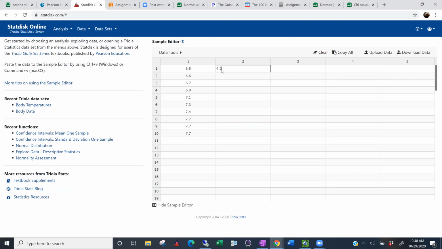Then for the next data set: 4.2, 5.4, 5.8, 6.7, 7.7 twice, 8.5, 9.3, and 10. I must have missed something someplace.